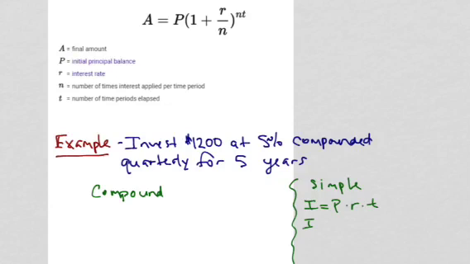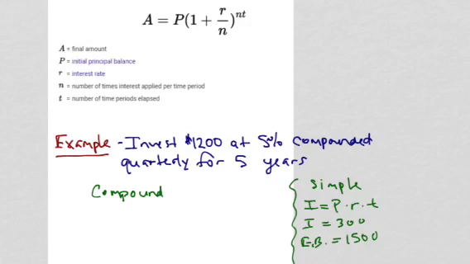That would have given me an answer of $300 in interest if I took the 1,200 times 0.05 times 5. And then my ending balance would be the original amount, 1,200, plus the 300. So $1,500 if I did this with simple interest.